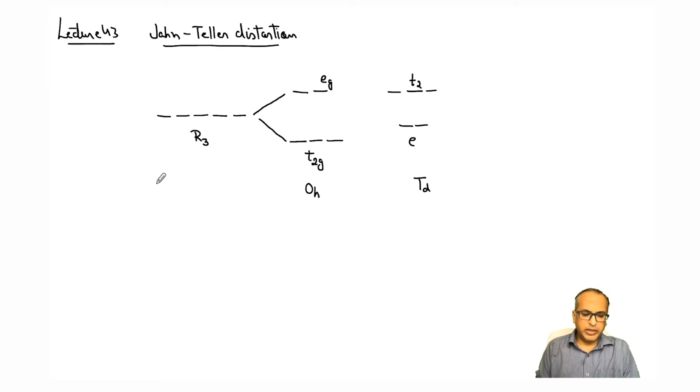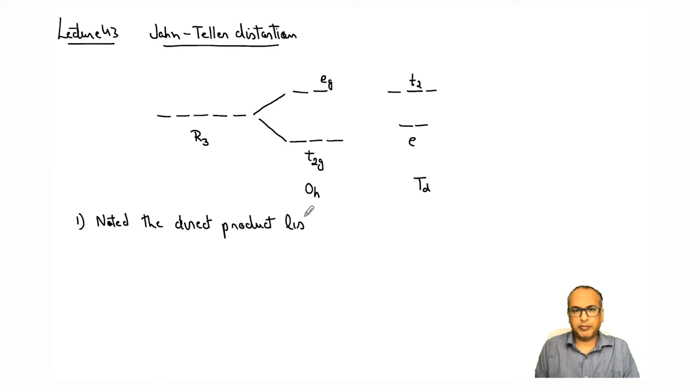So here the steps which we followed were, we noted the direct product listing, we can also say unit vector binary product, in the corresponding character table.